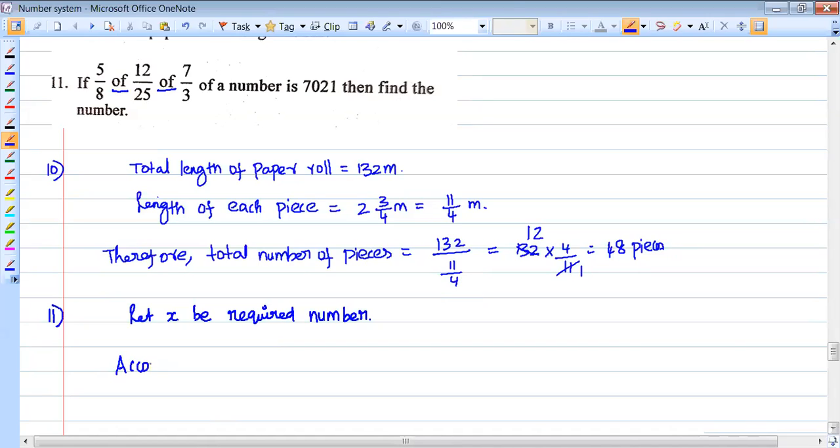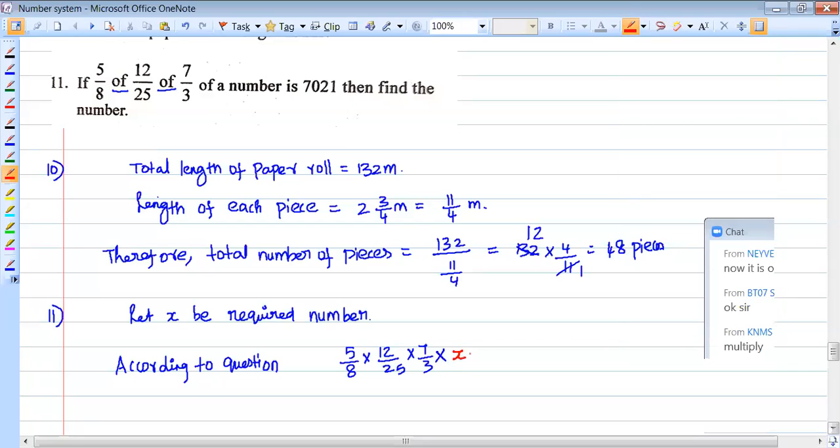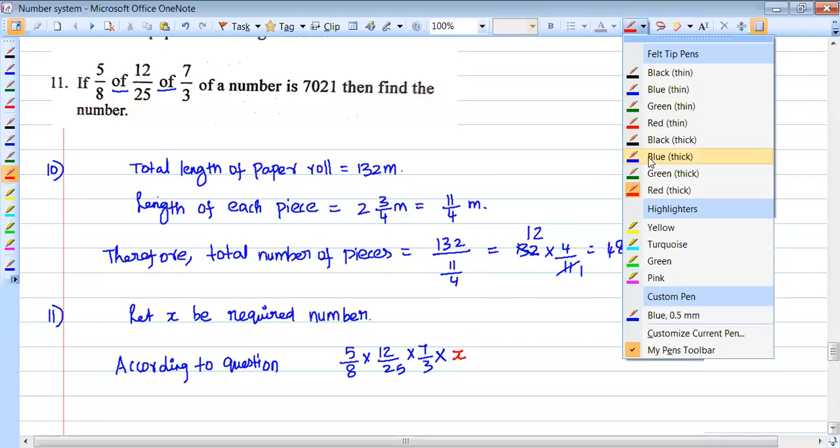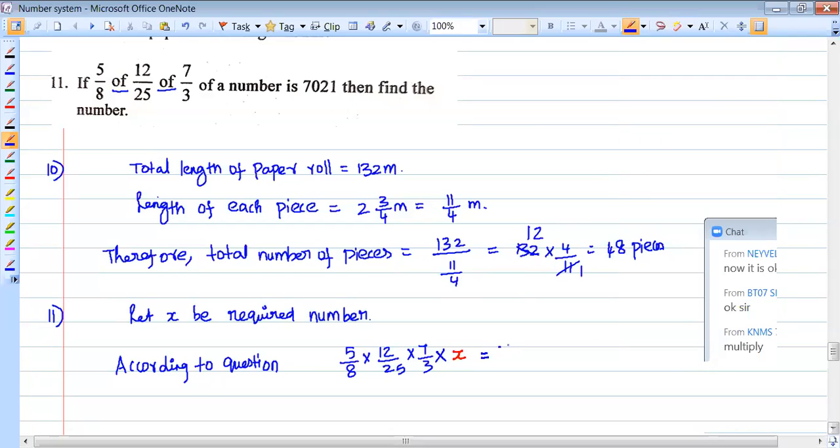So according to the question, 5 by 8 into 12 by 25 into 7 by 3 into x is equal to 7021. We should find out the value of x.